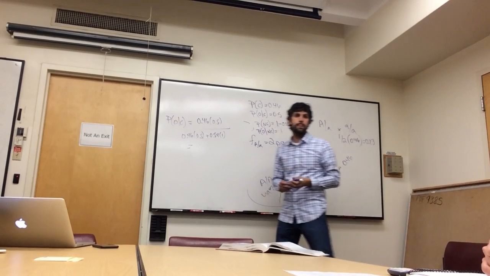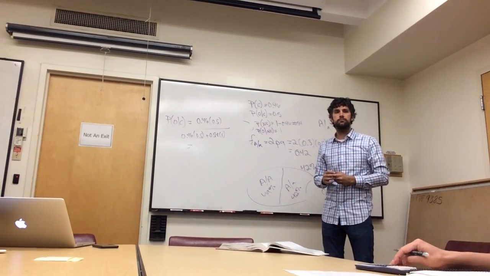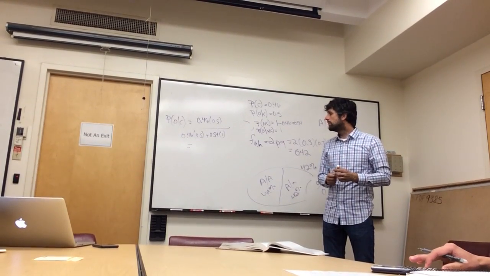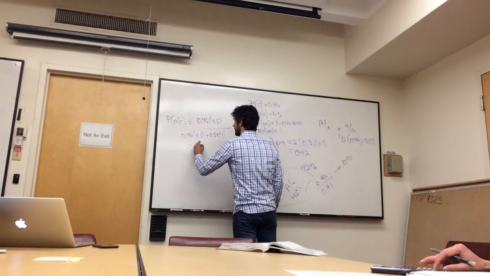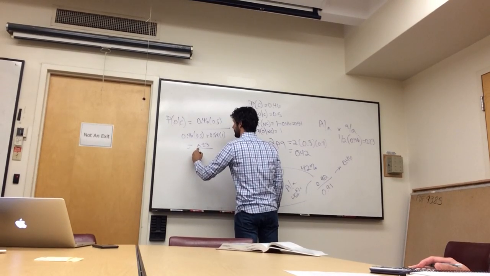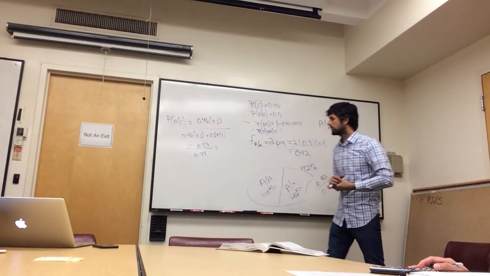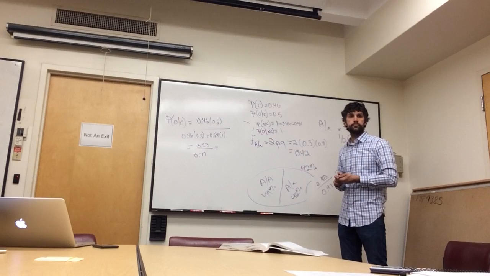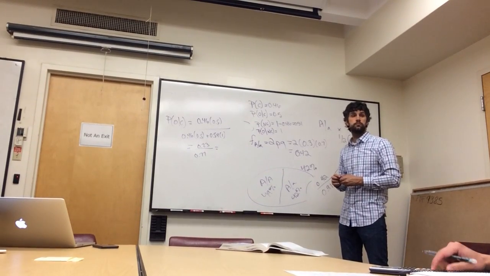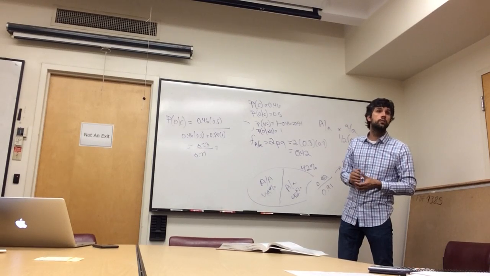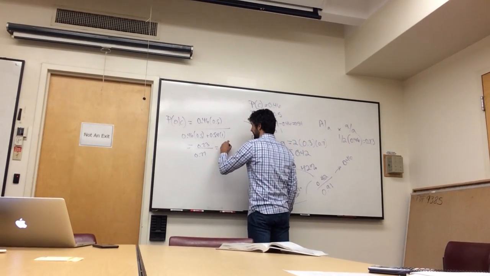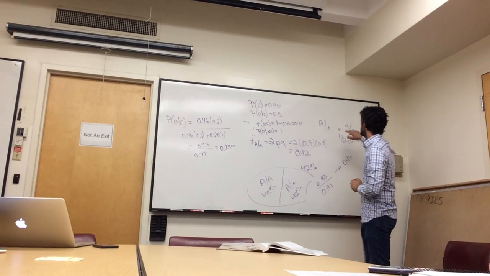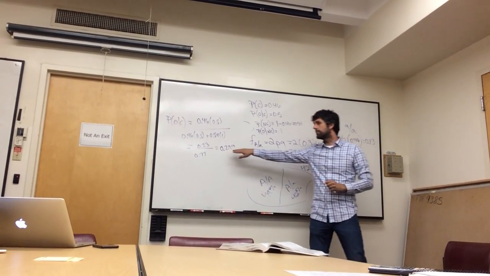That would give us 0.2987, 0.299. Okay, so now we've adjusted the probability that mom is a carrier from 46% to 30%.